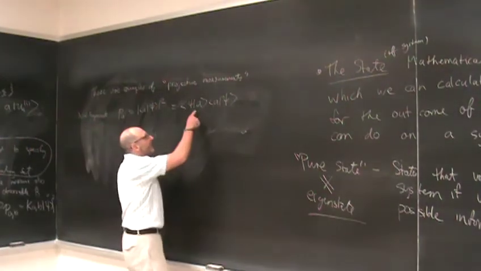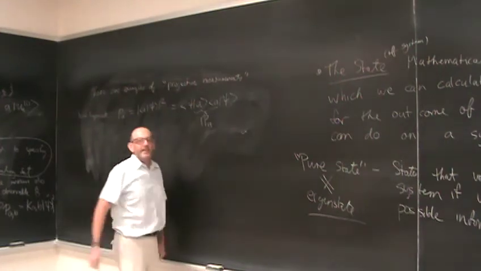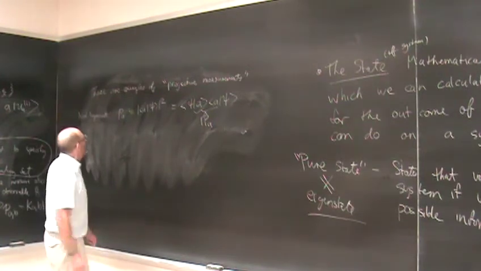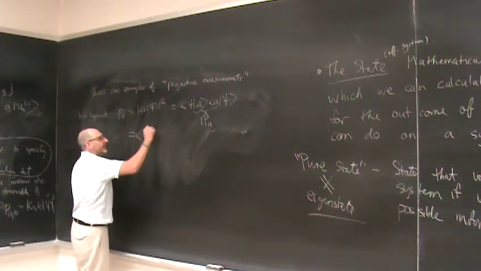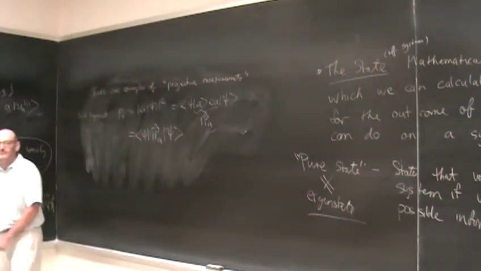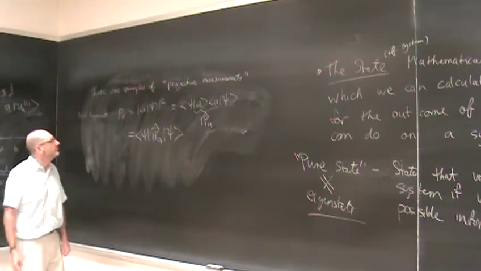And this is the projection operator that projects me onto that direction in Hilbert space. So another way of writing the Born rule is this.